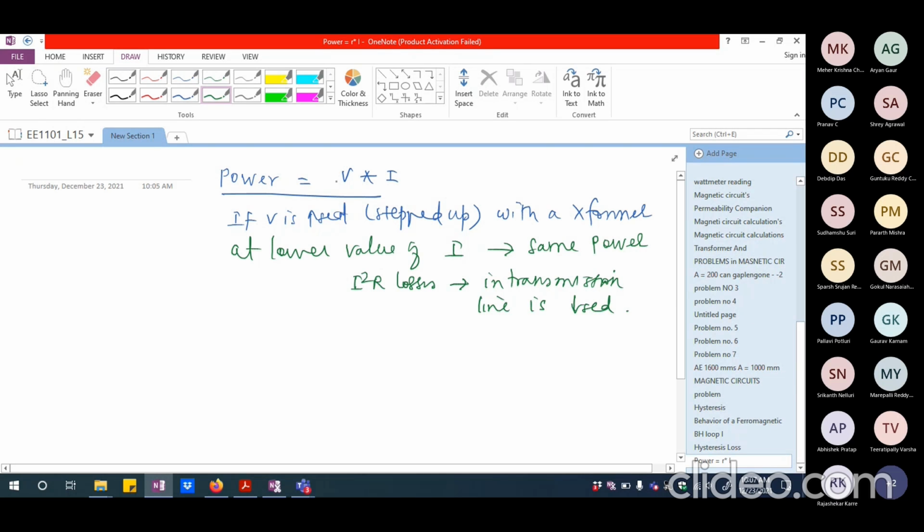We never transmit the power at very low voltages, not at 400 volts, not at 230 volts. It is always transmitted at 465 kV, maybe 700 kV, maybe 800 kV. So we always try to transmit at these transmission level voltages.